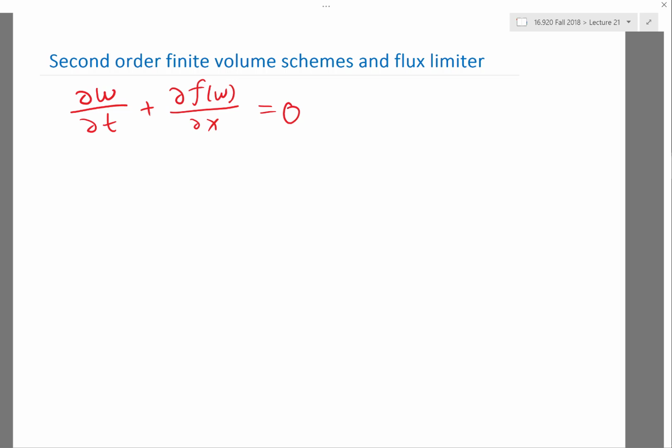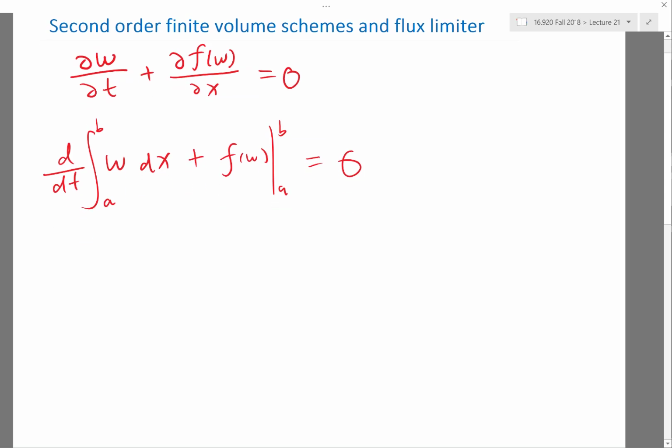Specifically, finite volume discretizes the integral form. So you integrate the whole equation, where the time derivative term turns into the spatial integral over a domain, and the spatial derivative gets integrated out. So you get the difference in flux between A and B is equal to 0.